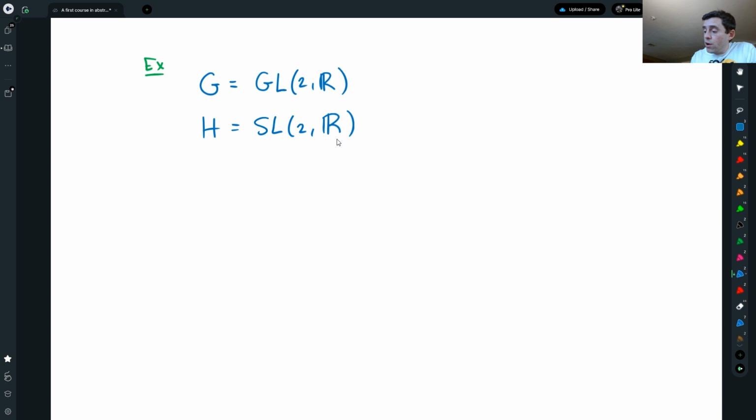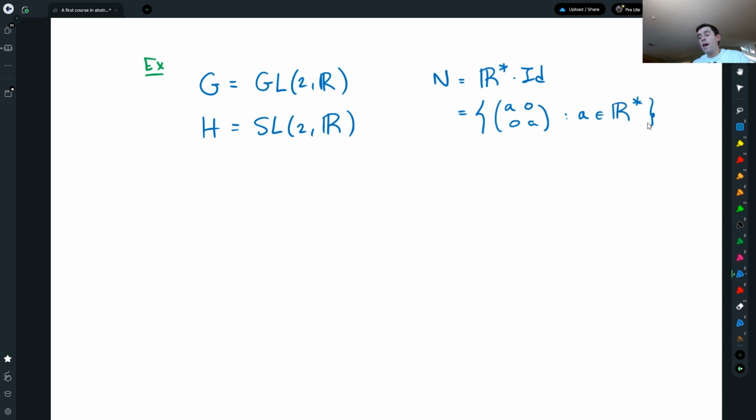And for a normal subgroup, I'm going to pick R star times the identity. So these are matrices (A, 0; 0, A) for any A in the non-zero reals.